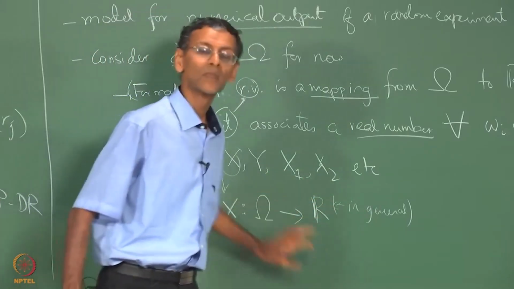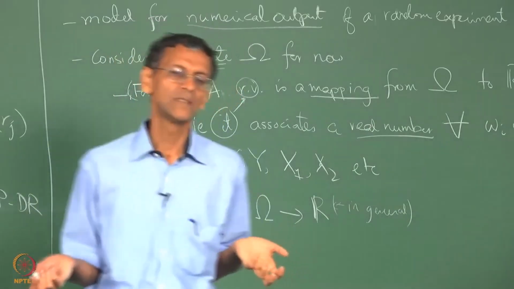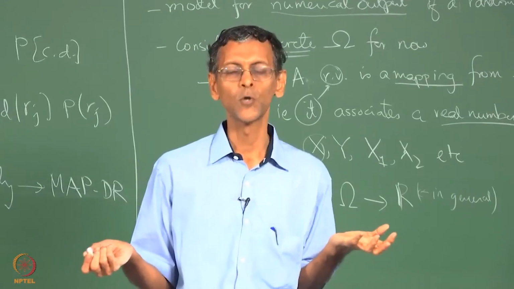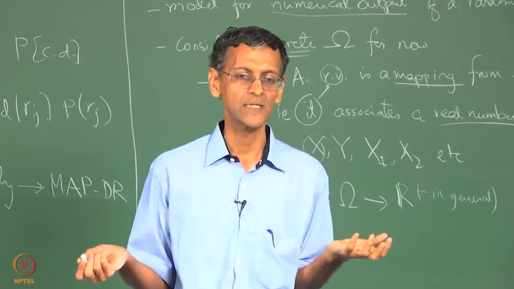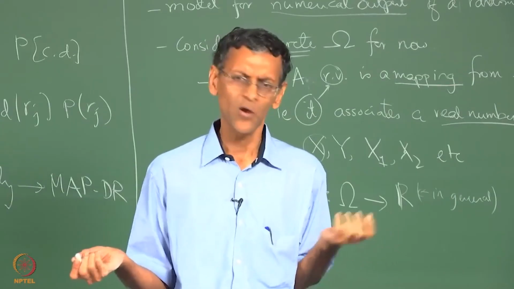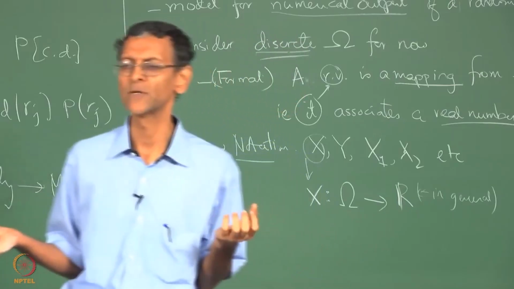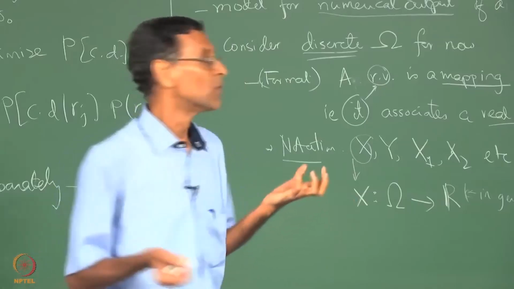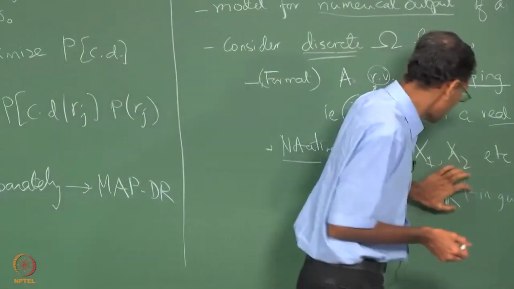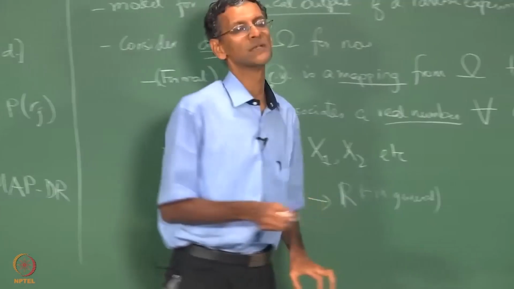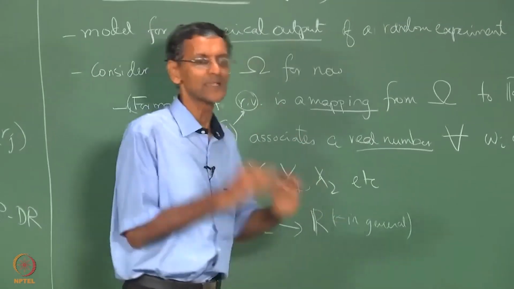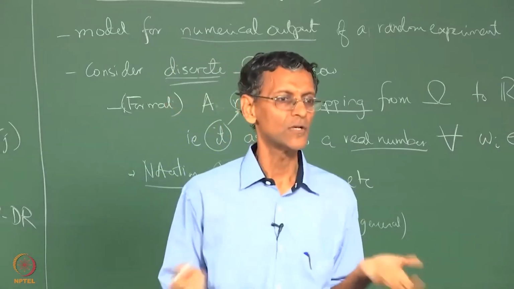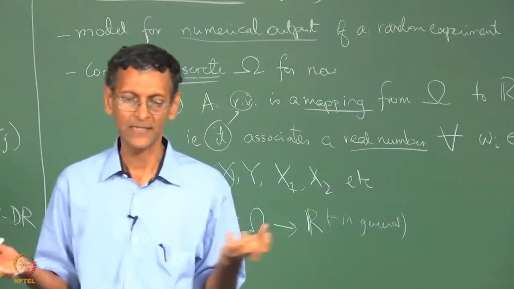For example, if I toss 2 dice and look at the sum of the numbers on the 2 dice, I obviously don't expect to get some crazy real number like pi or e from that experiment. So the collection of outputs, especially for a discrete space, is highly limited by circumstance. You don't have all of R or anything like that.